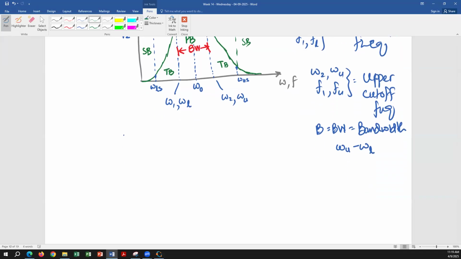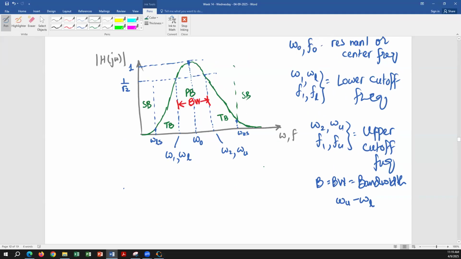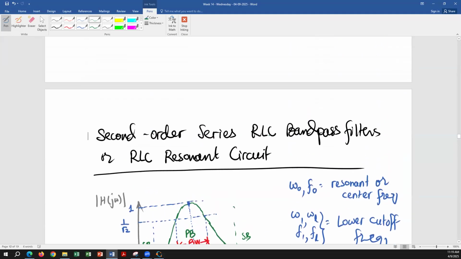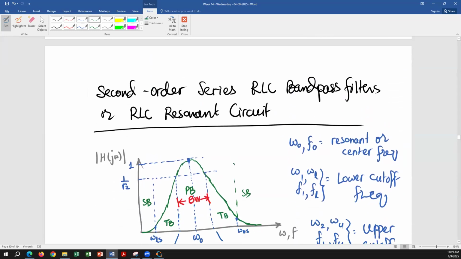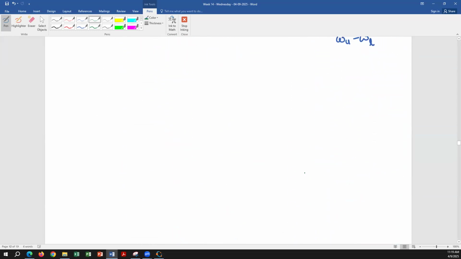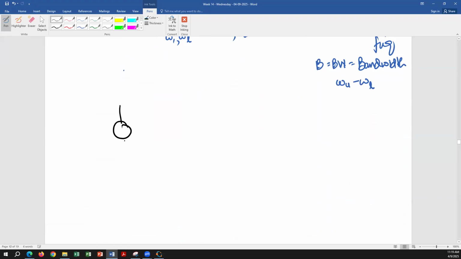Okay, as far as circuit is concerned, the second order means it has 2 reactive components, L and C, and they're connected in series. So the second order filter is a series RLC circuit. All three components are connected in series.